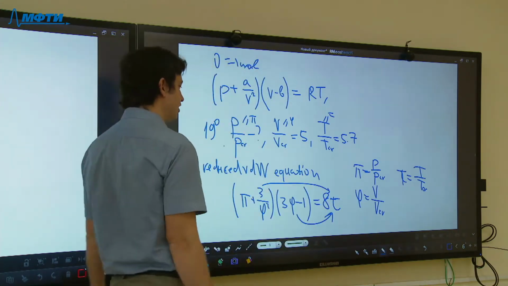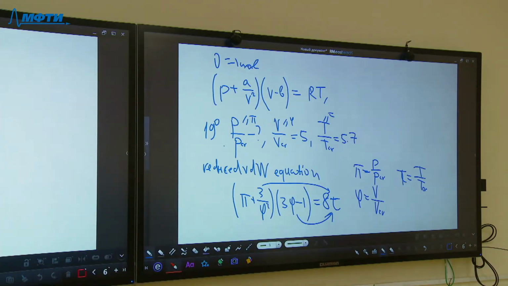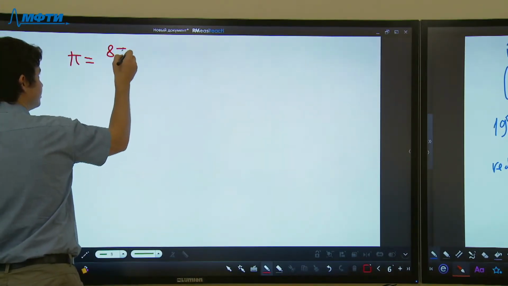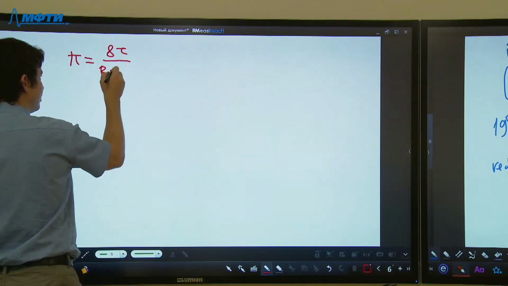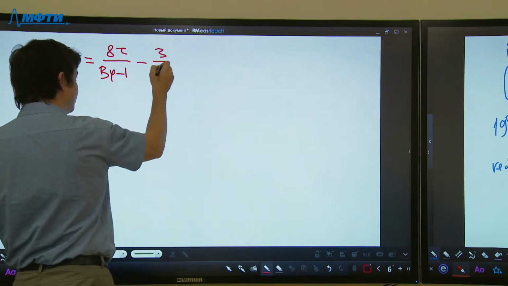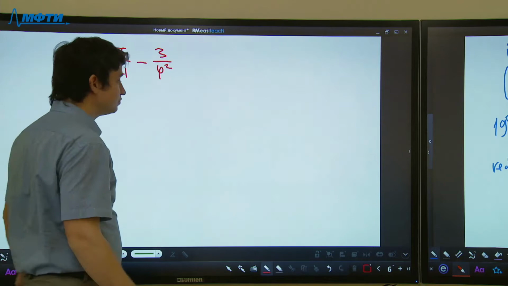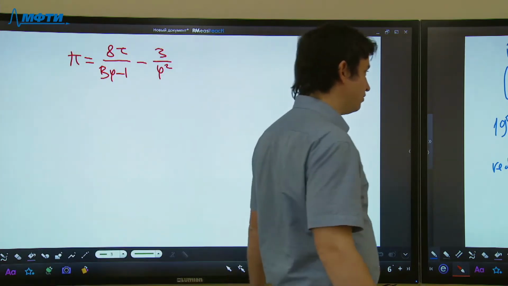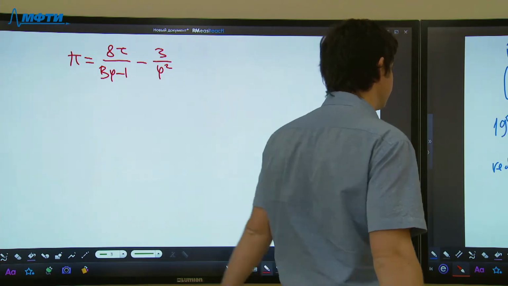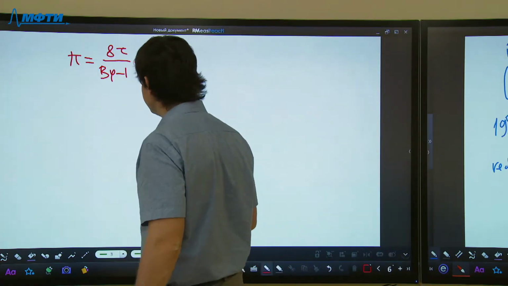And then I get my π. So if I do all of that, I would get the following answer: 8τ over 3φ minus 1 minus 3 over φ squared. This is a very simple equation, and now I just need to plug in all of these values and calculate the final answer.